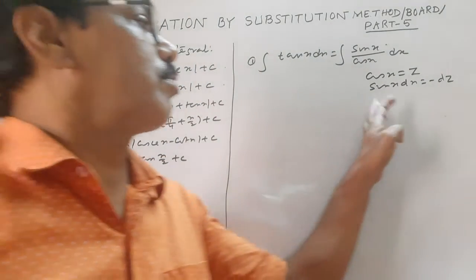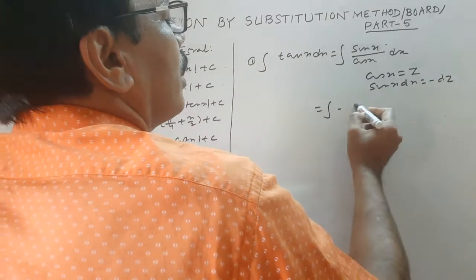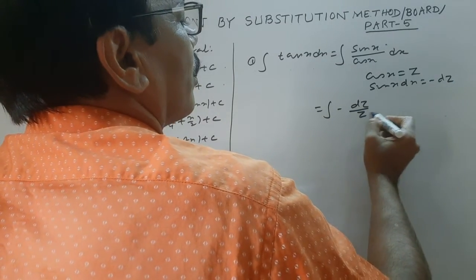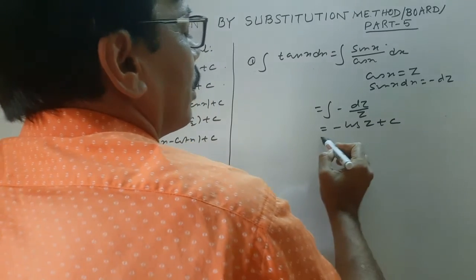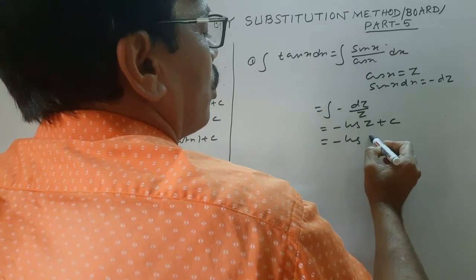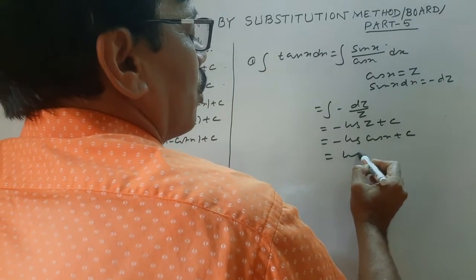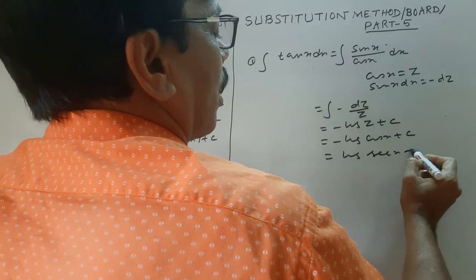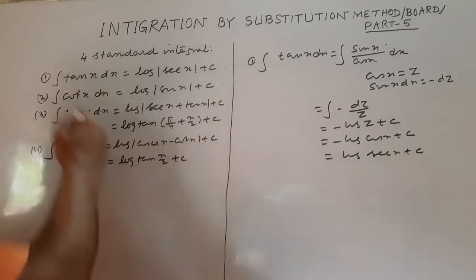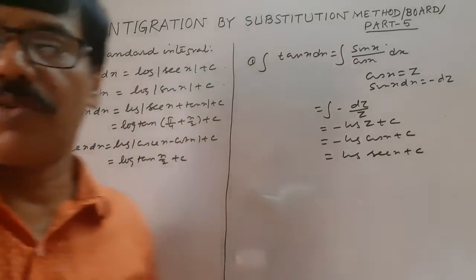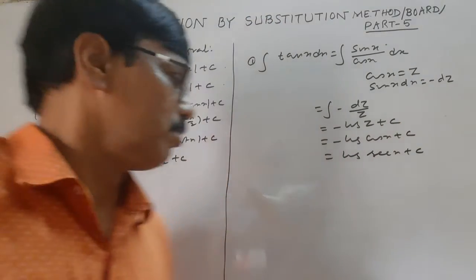Omitting one step, this is minus dz by z, so minus log z plus c, so minus log cos x plus c. So log sec x plus c, since cos x to the power minus 1. You may consult any standard book. Very simple proof.